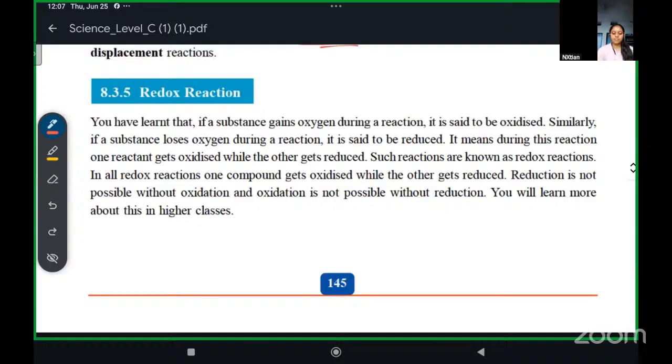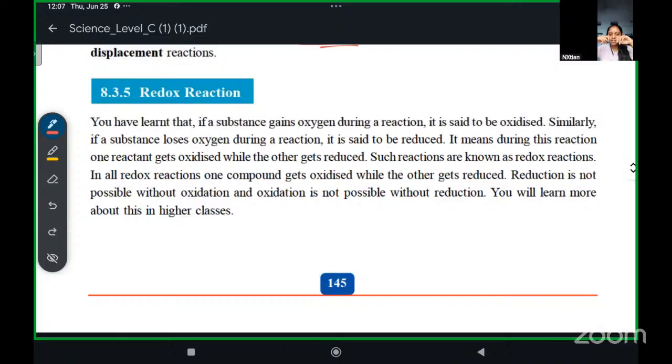Similarly, when a substance loses oxygen during a reaction, it is said to be reduced. Now, in a redox reaction, one substance gains oxygen and one substance loses oxygen. Very simple.